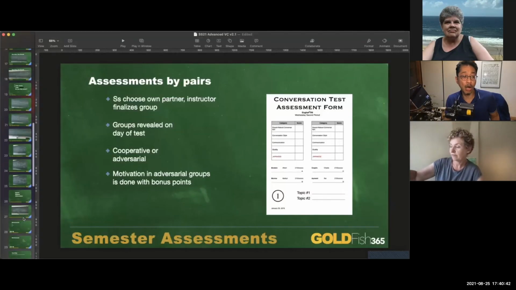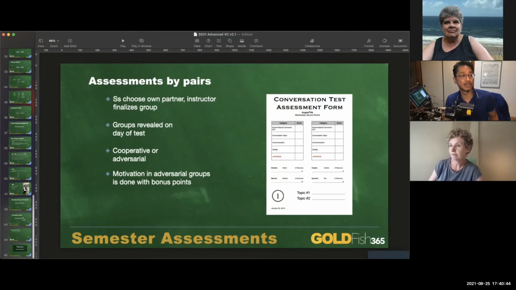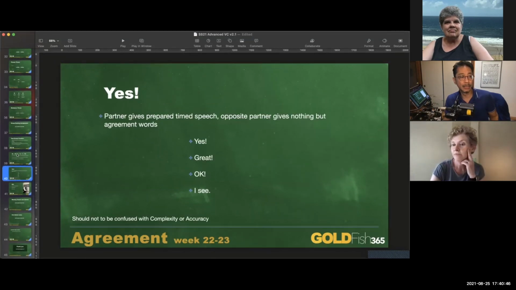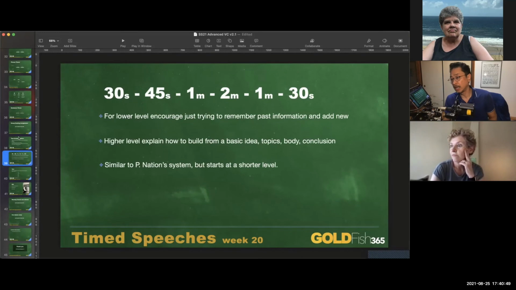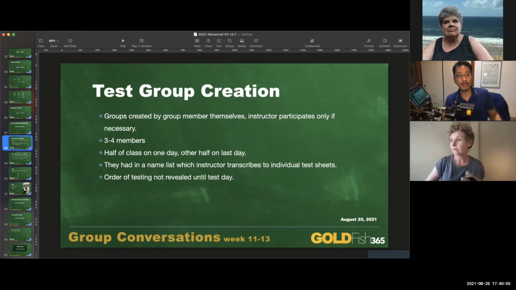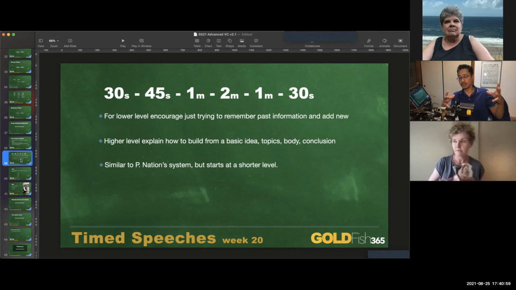I wanted to choose either the exercise where I show how to do agreements, or a variation on Paul Nation's timed speeches, because this is the next step after test group creation. This is where you go in the second semester.